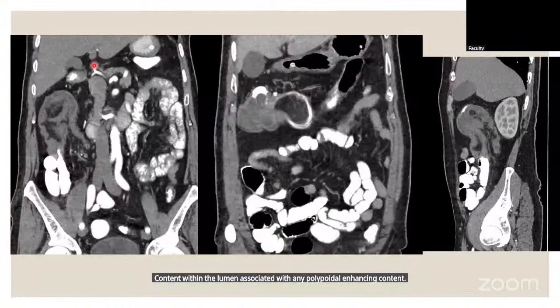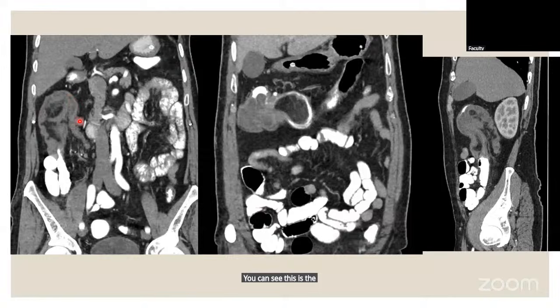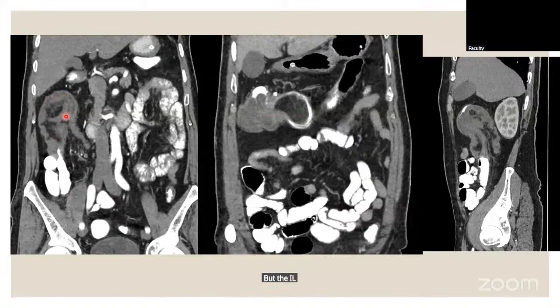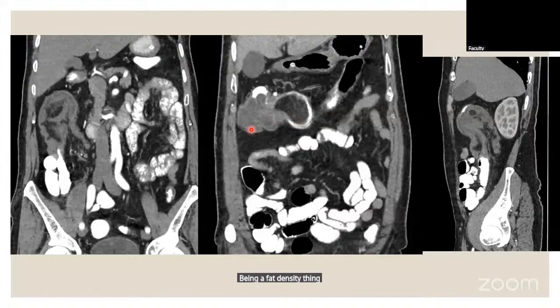On coronal and sagittal reconstruction, we can see the intussusceptum and the intussuscipiens. The intussusceptum is the ileum going into the colon and further invaginating into the transverse colon. This is ileocolocolic intussusception with the lead point being a fat density and also a polypoidal lesion.